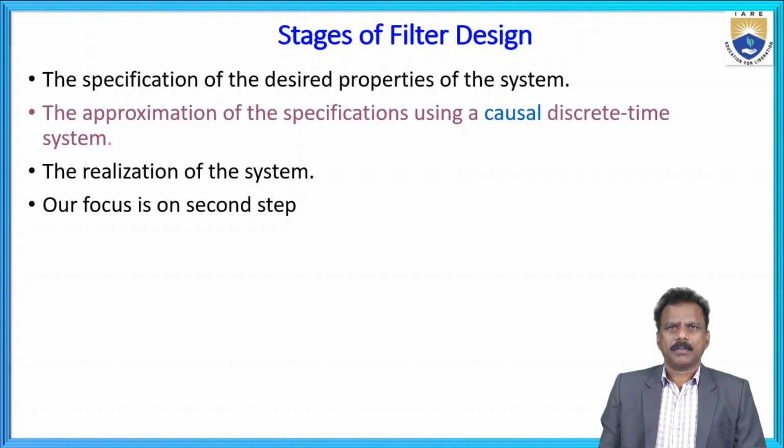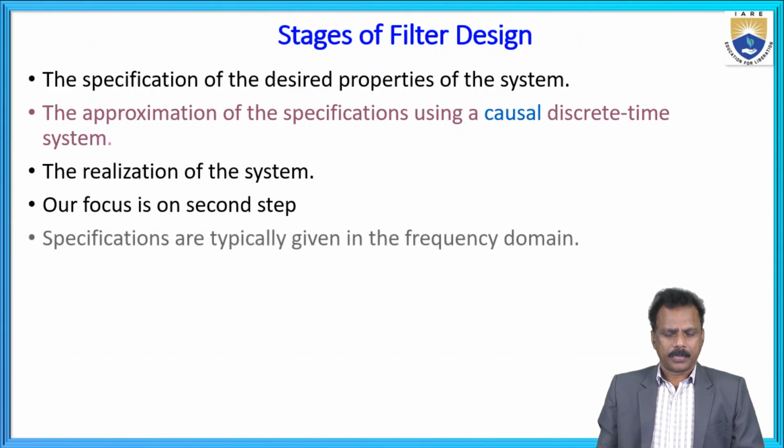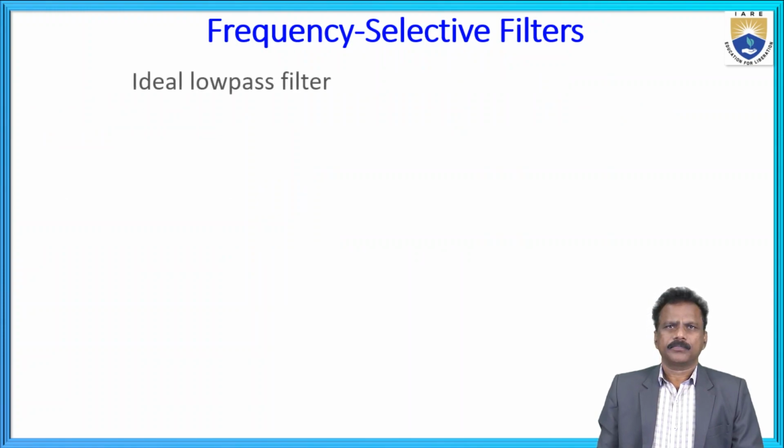Right now we focus on this second step, the approximation of the specification using a causal discrete time system. Specifications are typically given in the frequency domain. Now coming to the frequency selective filters.